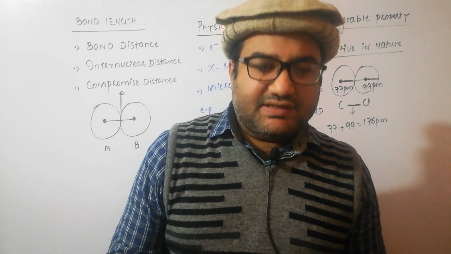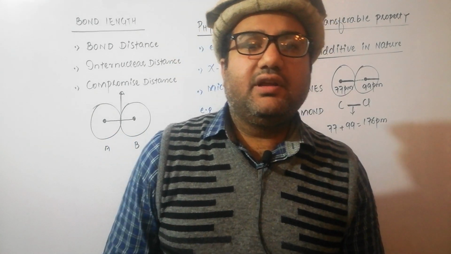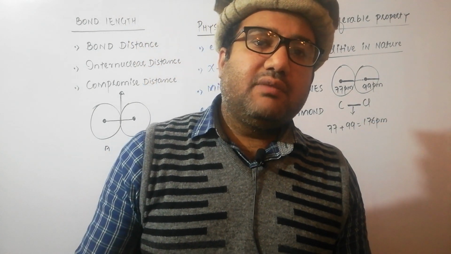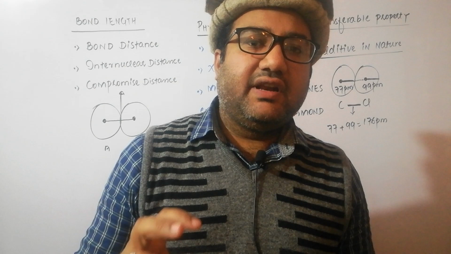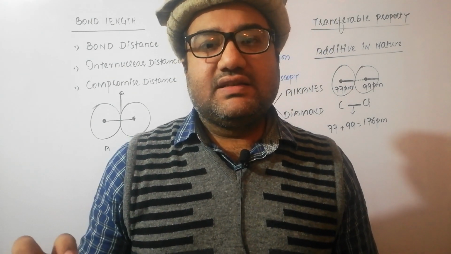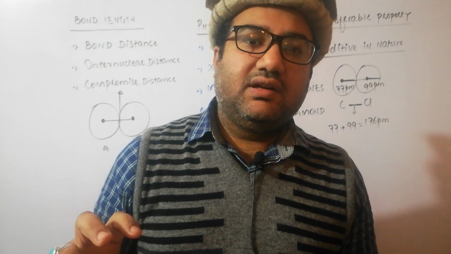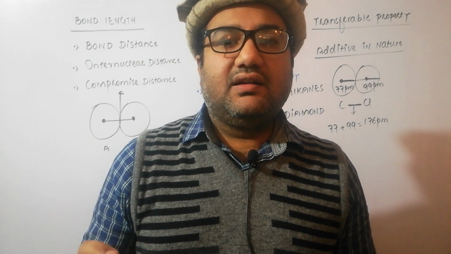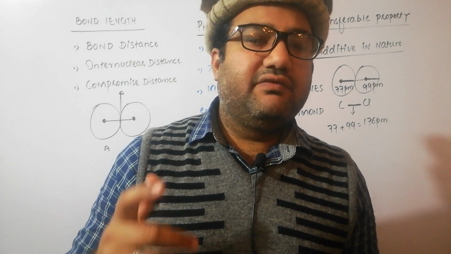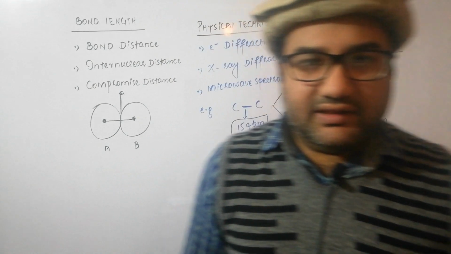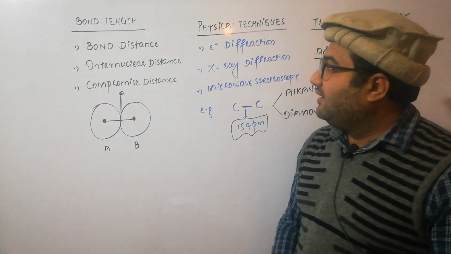It is perfect when we are talking about non-polar bonds. But if we are talking about polar bonds, then the difference of electronegativity plays some role. But in most cases, if we are talking about the bond between two same atoms, then if we add the radii of those same atoms, that will be equal to their bond length. So that means bond length is additive in nature.